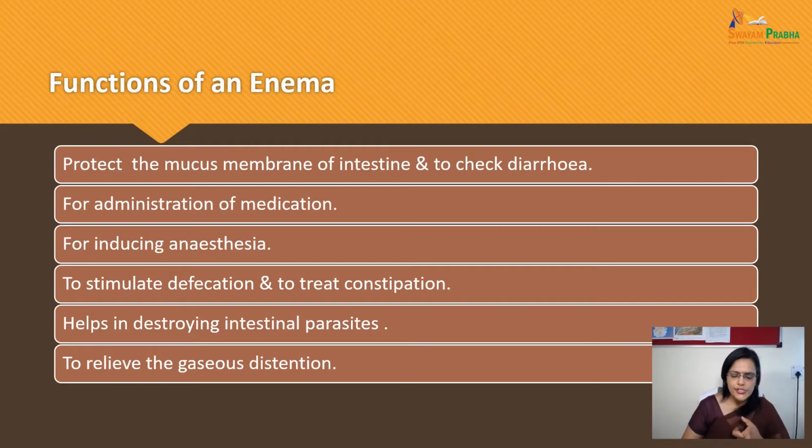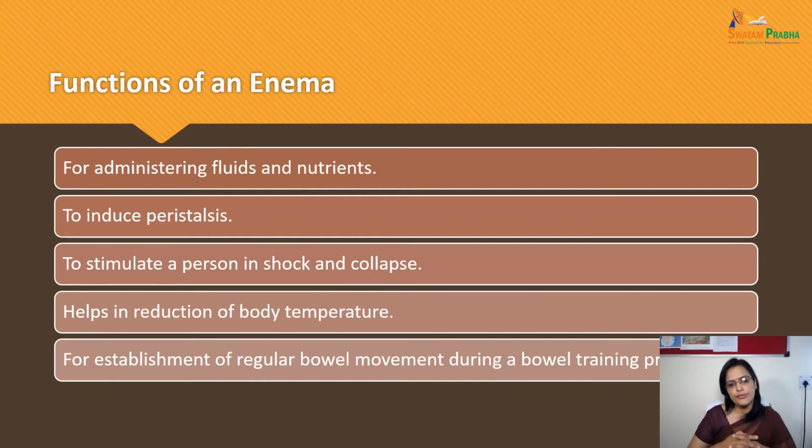The primary function is to facilitate softening of hard fecal matter, and it helps in destroying intestinal parasites, to relieve gaseous distension, and to protect and soothe the mucous membrane of the intestine. Sometimes it is used for administration of some medication including anesthesia, for administering fluid and nutrition, to relieve inflammation, and to reduce the body temperature, and for medical diagnosis. So these are a few functions of enemas.